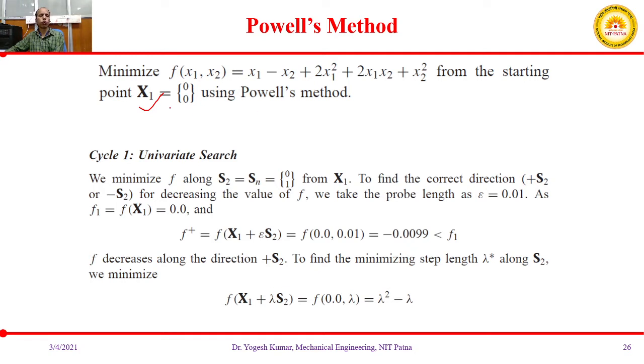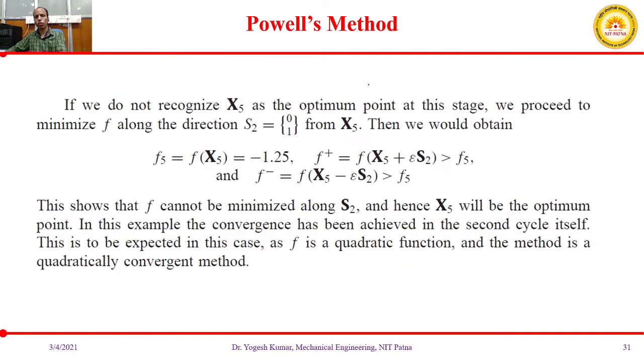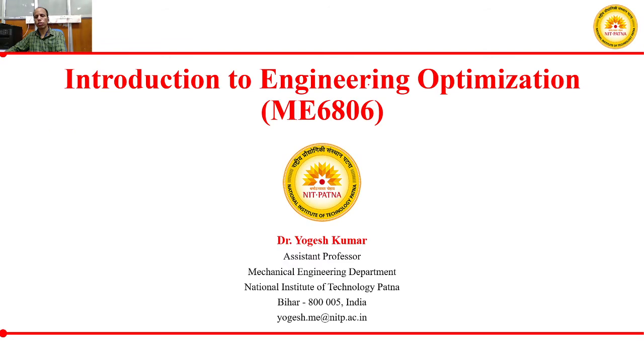You can take any arbitrary point as a starting point, but for convenience we took it as 0, 0. So we will continue to solve this problem using the Cauchy method.